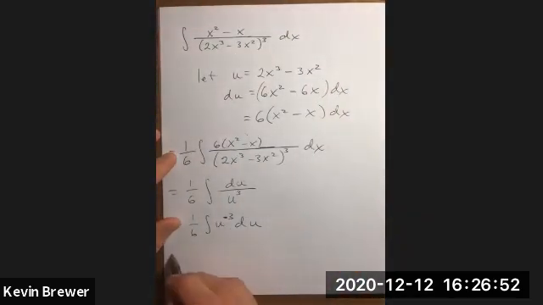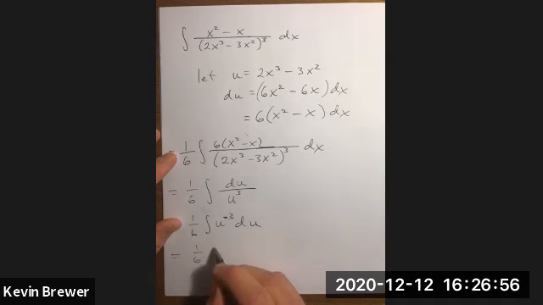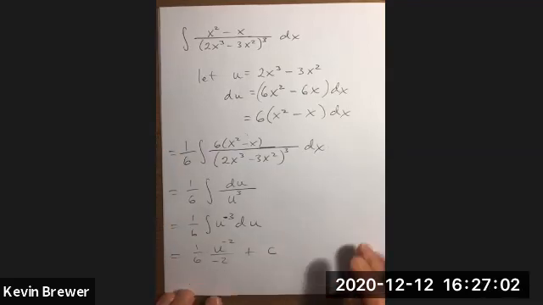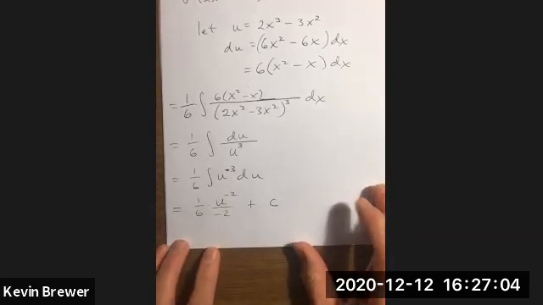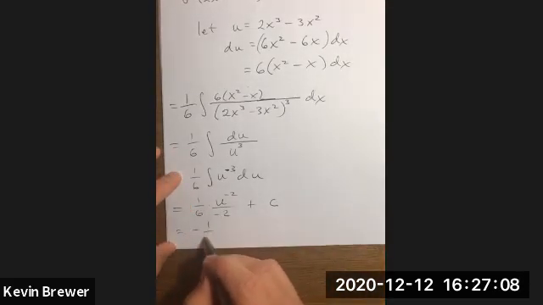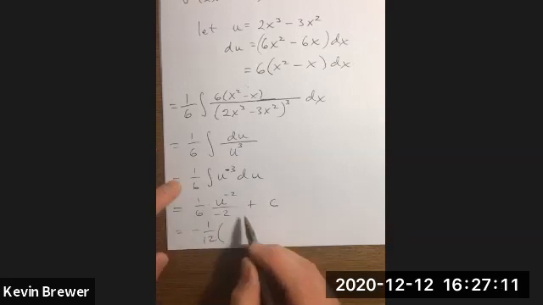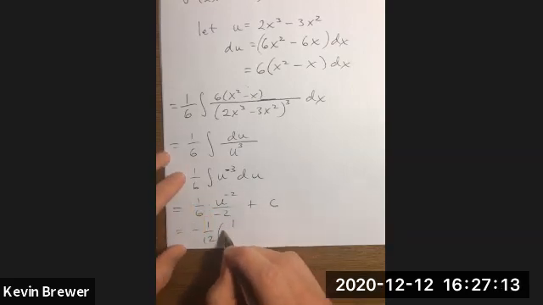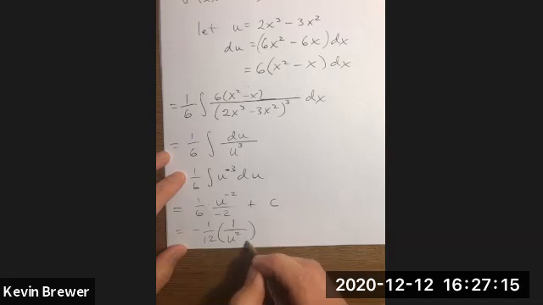Okay, so then this is 1/6 times u to the minus 2 over negative 2 plus a constant. These multiply, so this is minus 1/12. u to the negative 2 is 1 over u squared.